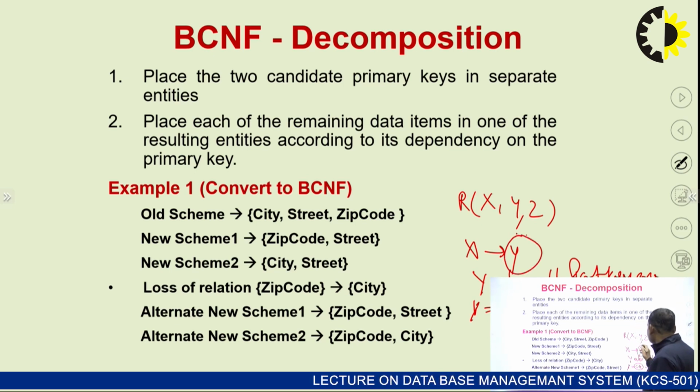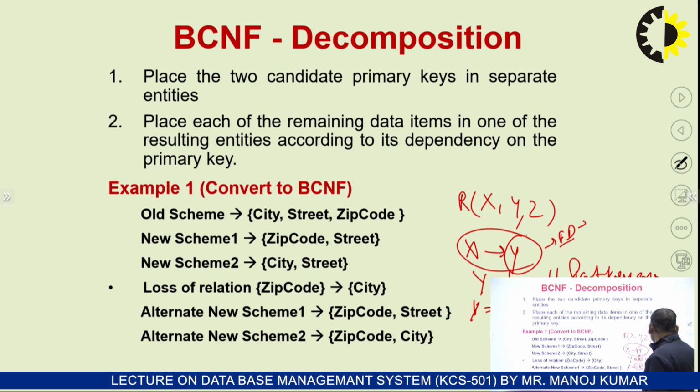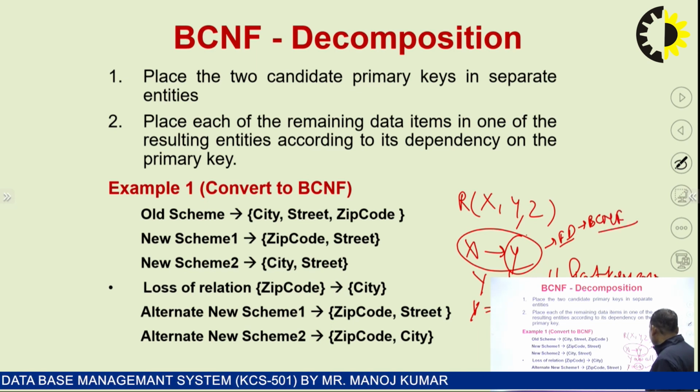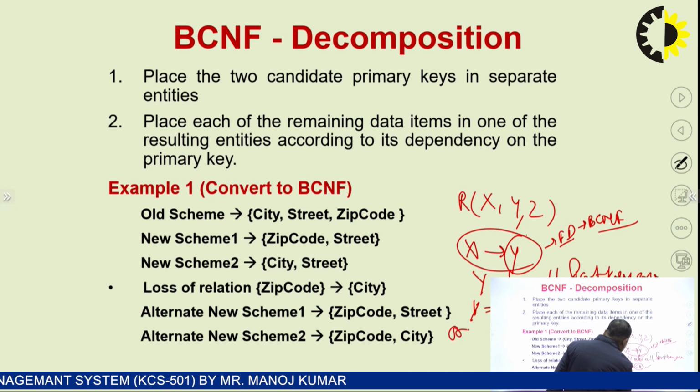So this functional dependency is BCNF, or X is equal to a super key.